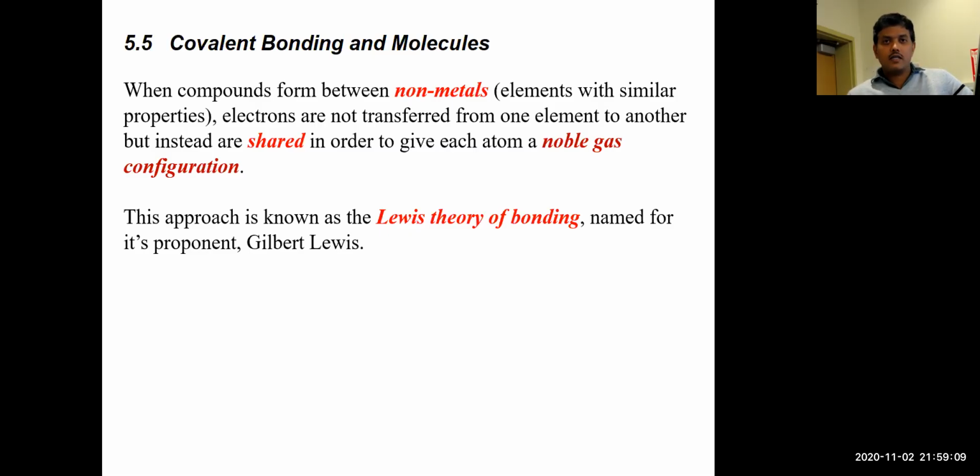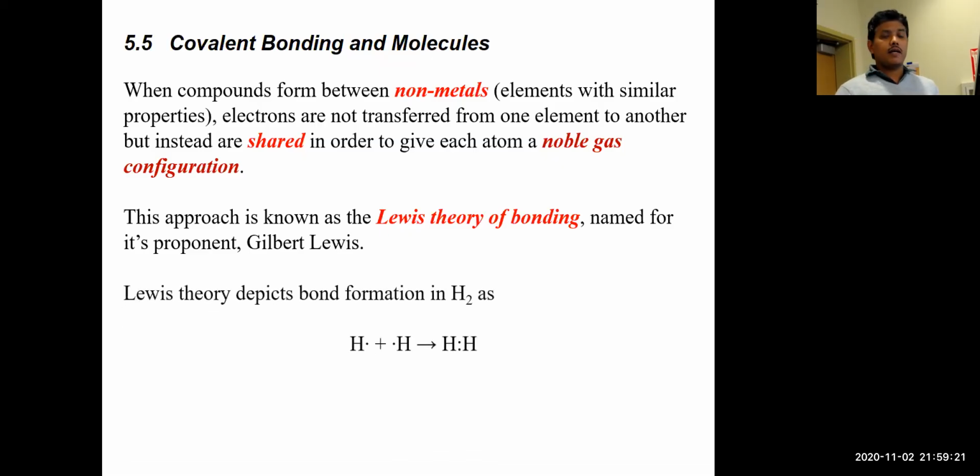According to his theory, whenever two nonmetals make a bond, they make it by sharing electrons between them. What does sharing electrons look like? Let's look at this simple example. In the simple example of the molecule H2, say that two hydrogen atoms are sharing electrons right here.